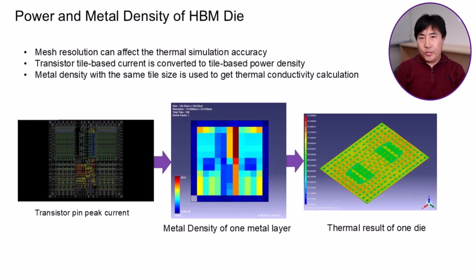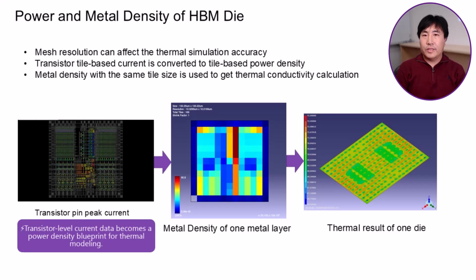Now, let's dig into how mesh resolution affects thermal modeling of such a complicated multi-die system. Here, we use a 10 micrometer by 10 micrometer tile resolution. First, the current data from transistor tiles is converted into a power density contour.